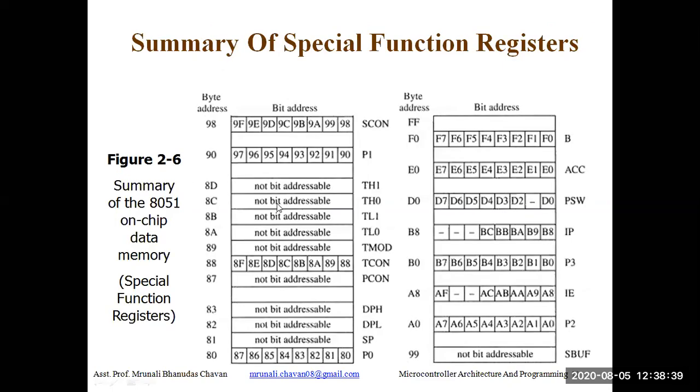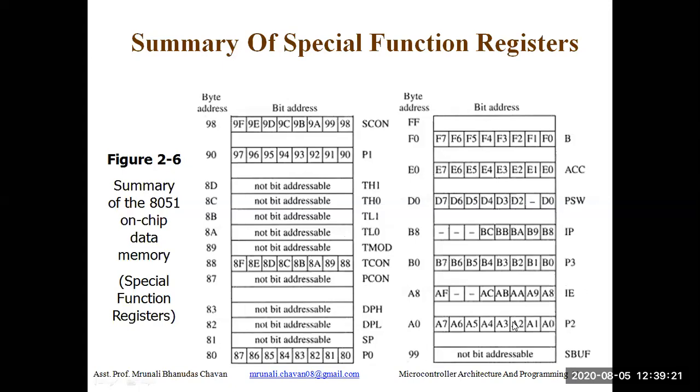See here, the SFR memory consists of a total of 21 important registers like accumulator, B register, interrupt control registers, PSW, then timer or counter, power control register, then 4 IO ports. See here P1, P3, P2, P0, and serial control registers like SCON, SBUF.